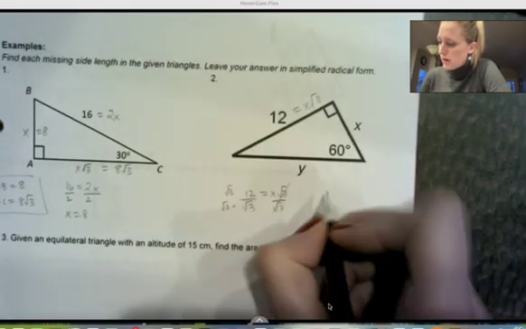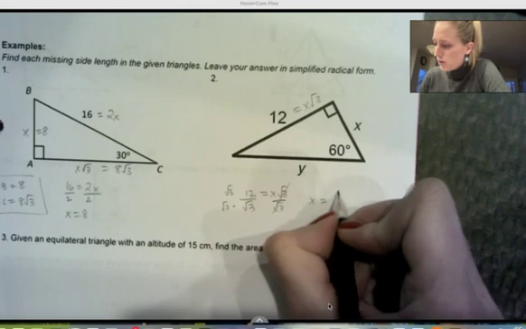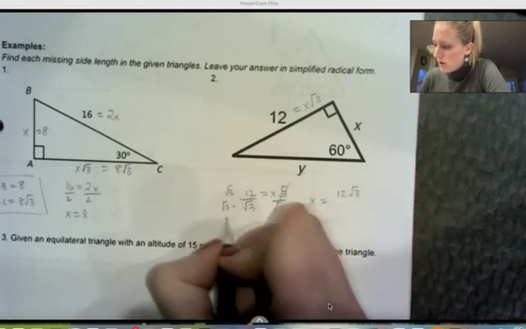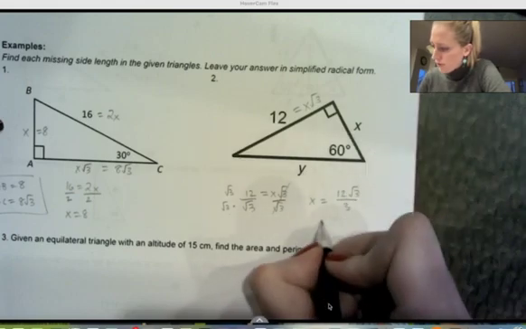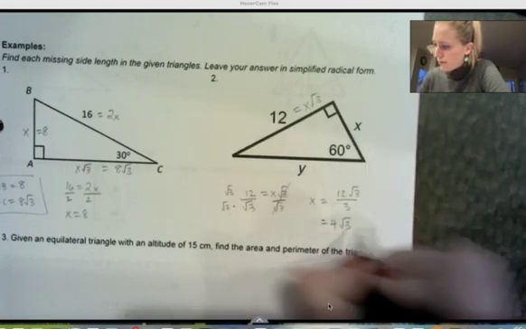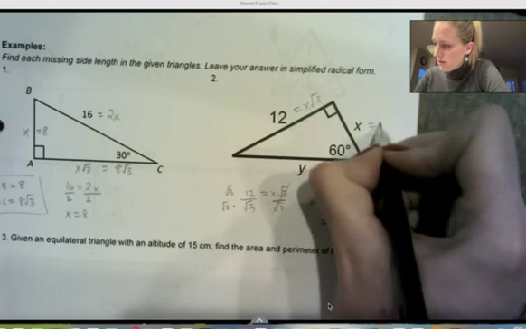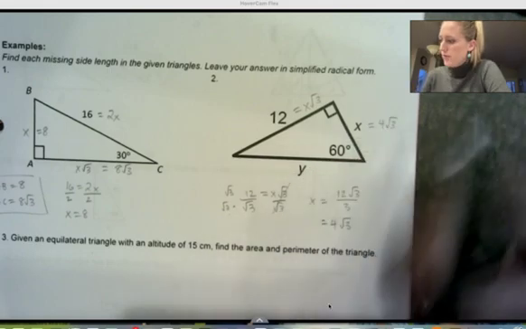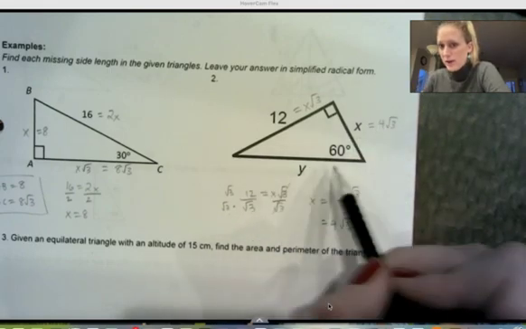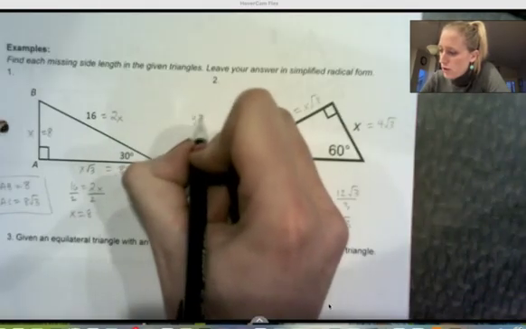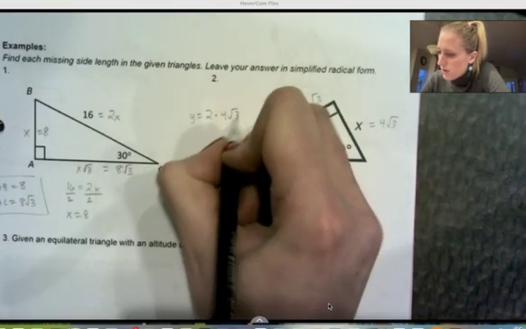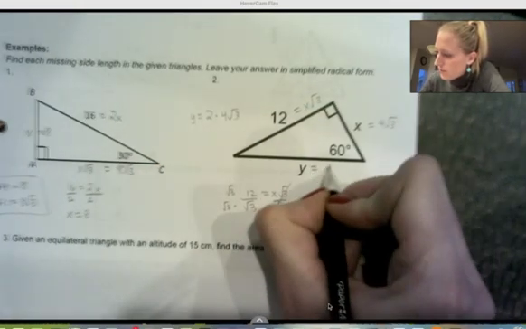This becomes 12 times the square root of 3 over 3. 12 divided by 3 is 4, so this is 4 root 3. That is x. And then y, in this case the hypotenuse, is double that, so y is equal to 2 times 4 root 3, which is 8 root 3.